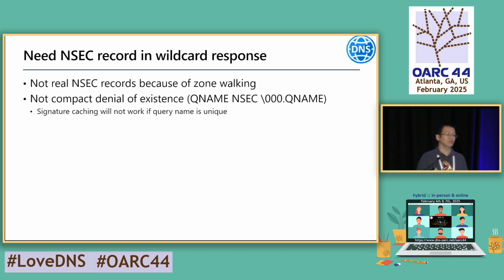However, we cannot use a real NSEC record because of zone walking, so we don't want to expose all the records. And we also cannot use compact denial of existence here, because the query name can be unique, right? If the query name is unique, the NSEC will be unique, so the signature caching will not work.